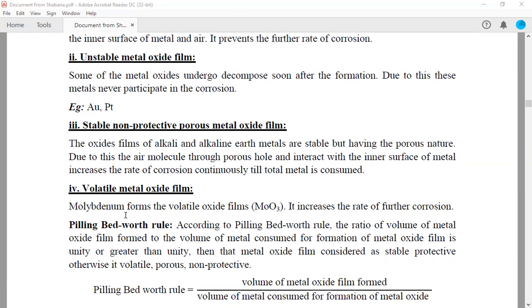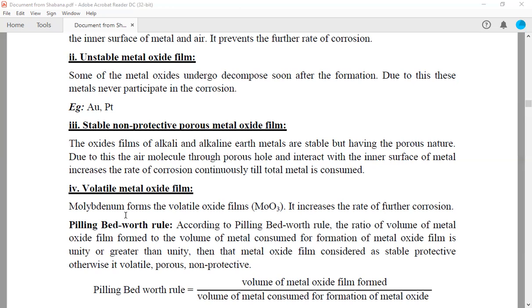According to the rule, the specific volume ratio, which means the volume of metal oxide by the volume of metal, determines the oxidation corrosion.